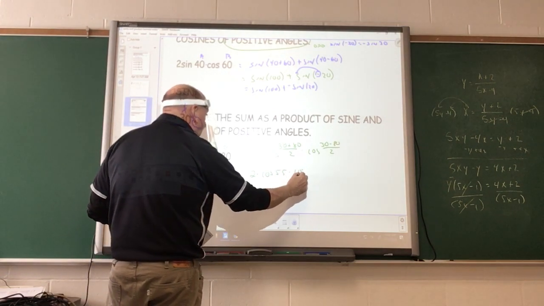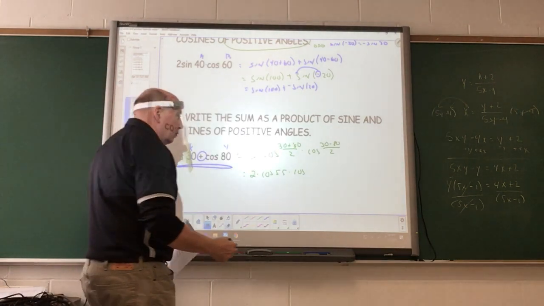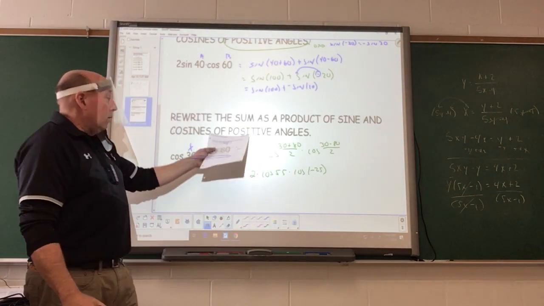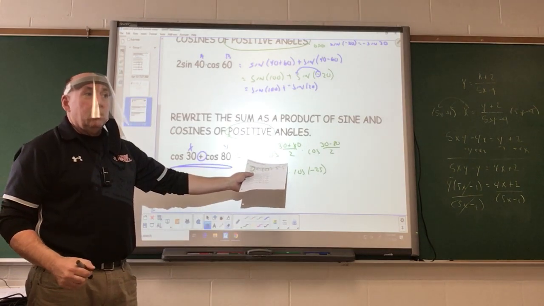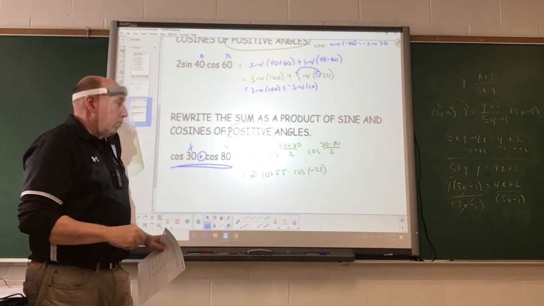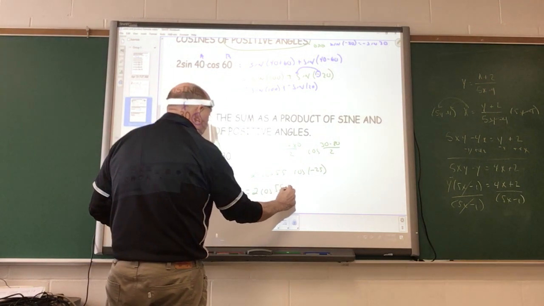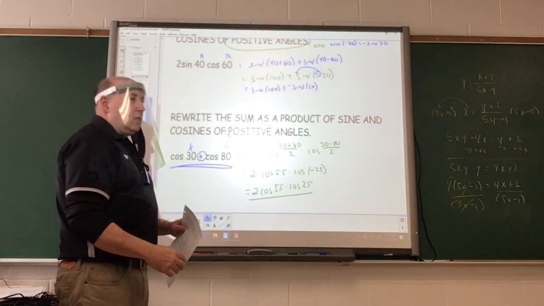Times the cosine of 30 minus 80, which is negative 50, divided by 2, negative 25. Once again, I want to make these positive angles. When I have the cosine, I can use my eraser postulate. The negative sign just goes away.